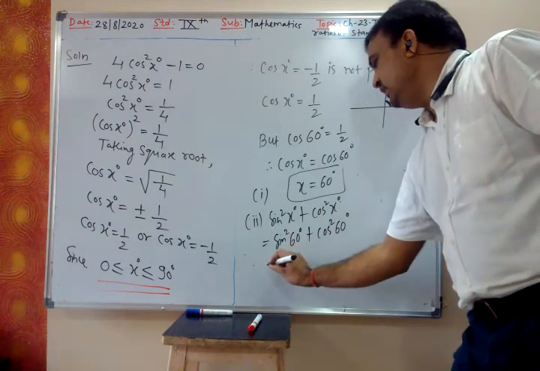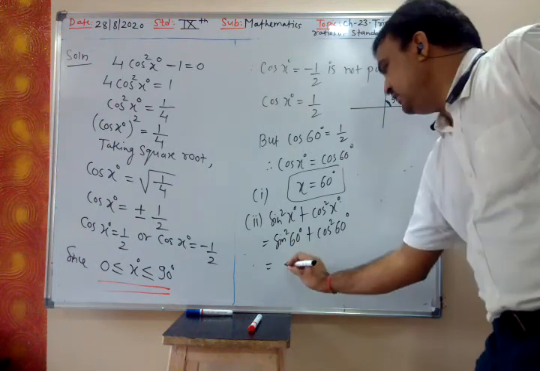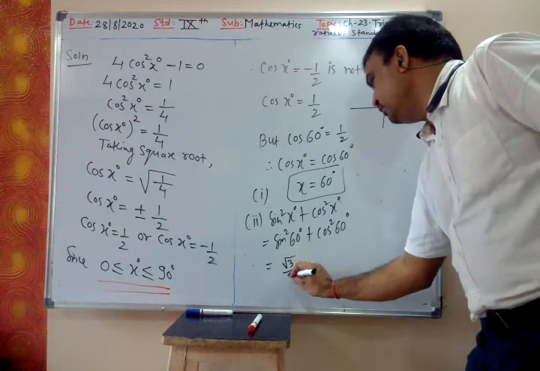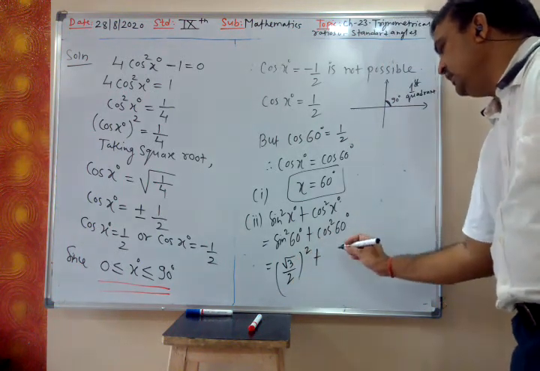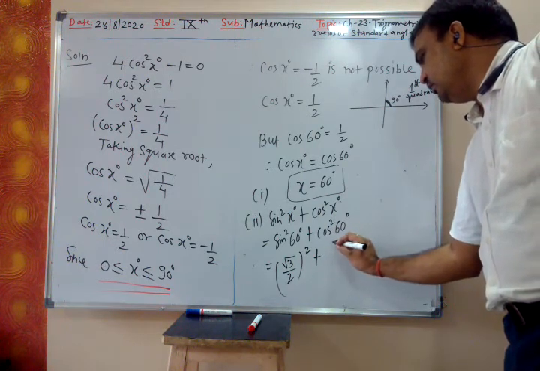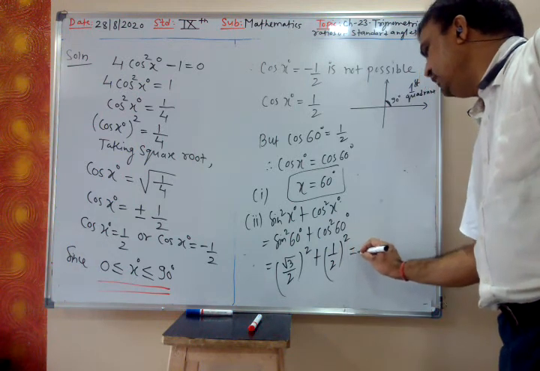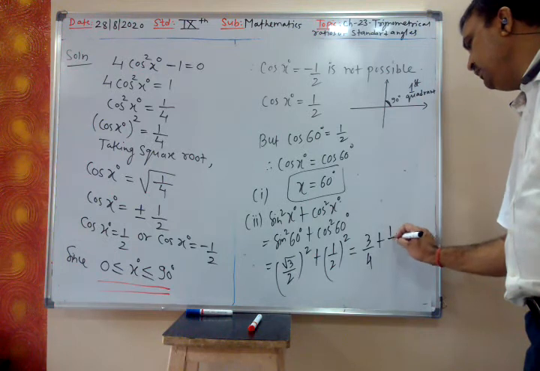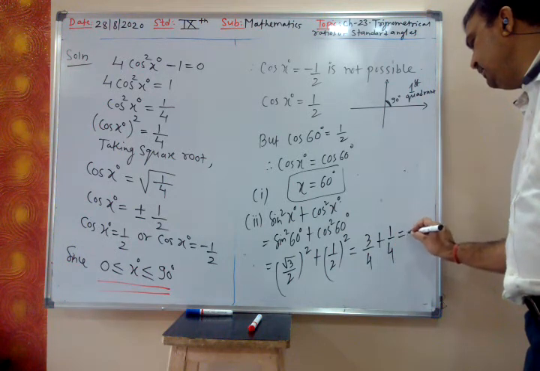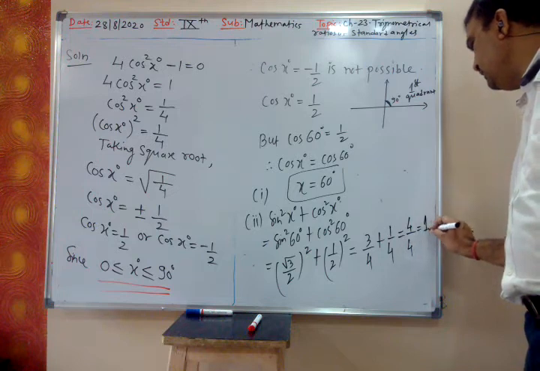Sine 60 is root 3 by 2, so root 3 by 2 square plus cos 60, which is 1 by 2, square. So 3 by 4 plus 1 by 4 is 4 by 4. The answer is 1.